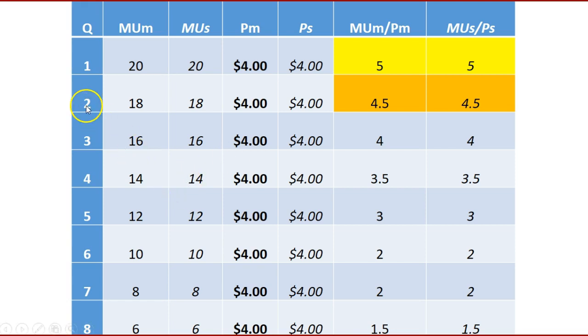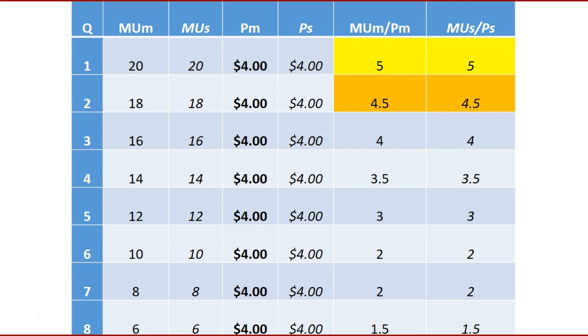We've purchased 2 Mars bars for $4, so that's $8 spent on Mars bars, and we've purchased 2 Snickers which are $4 each, so that's $8. So we spent $8 on Mars bars and $8 on Snickers. That's the $16 spent. So when the price of Mars bars went up to $4, we had to change the combination of Snickers and Mars bars that we purchase in order to make sure we're getting bang for our buck and we're spending all of our budget.